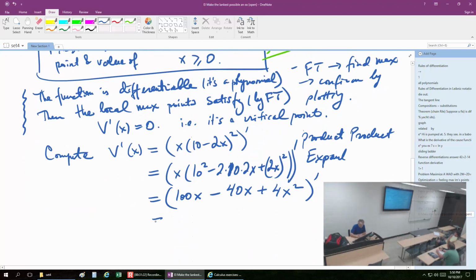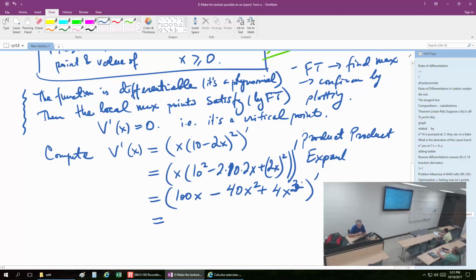Okay, so differentiation now is easy. We're applying just as we always have done with polynomials. We split it into components and differentiate it one at a time. So the derivative of the first term, 100x, what's the derivative? I'm sorry, I think I missed the squared over here, and this is cubed. I forgot. Sorry.